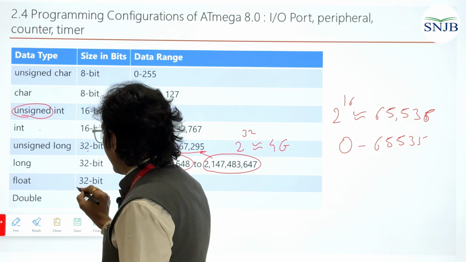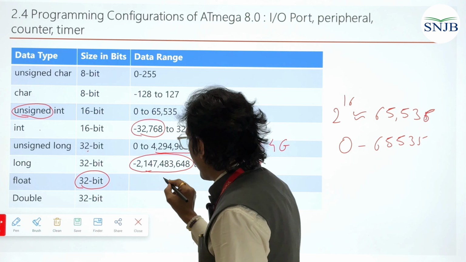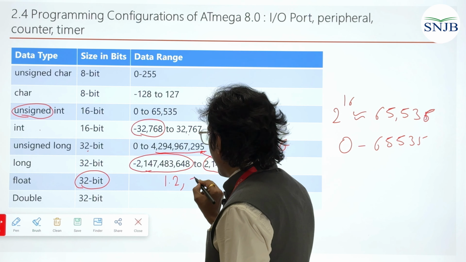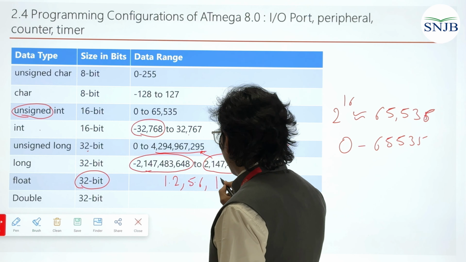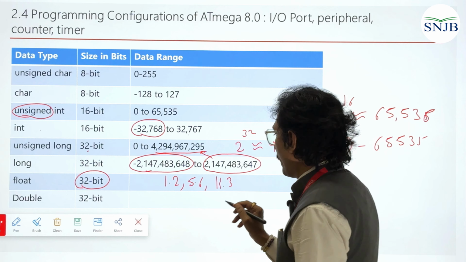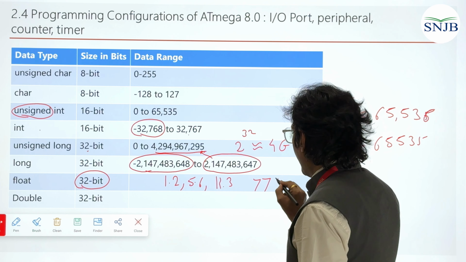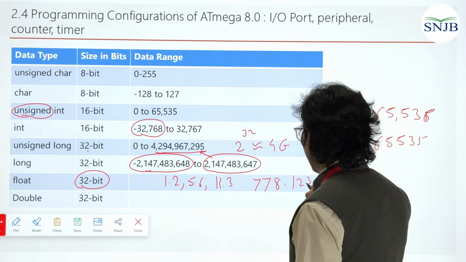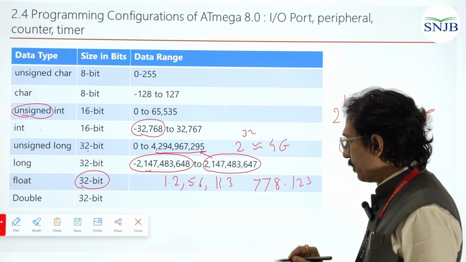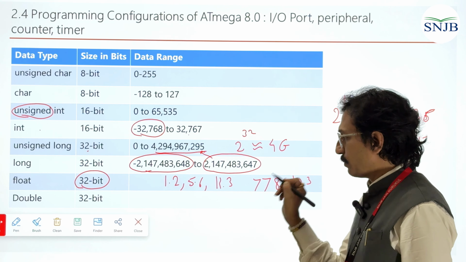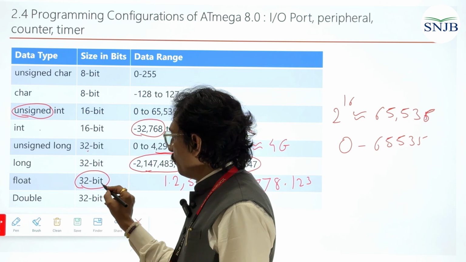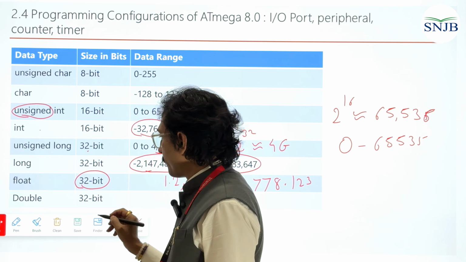Float is a fractional value. For example, 1.2, 5.6, 11.3, 778.123. This is called a fractional value because it is having fractional parts. So it consumes 32 bit in the memory.